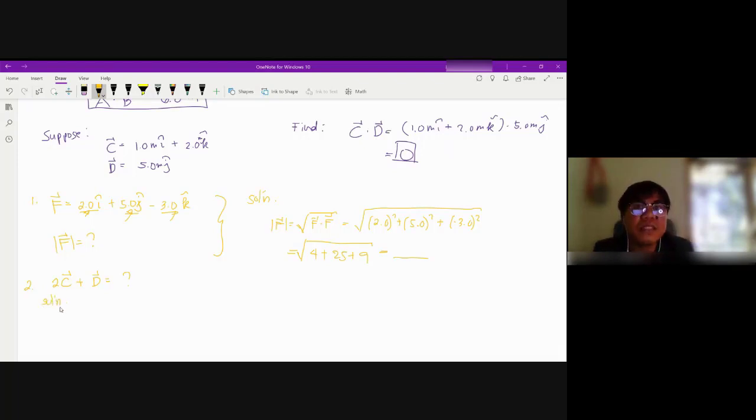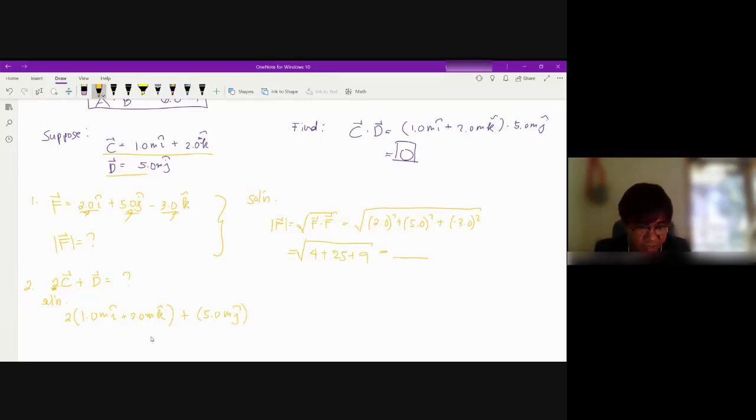You just have to copy. So 2 times C, you have 1 meter I hat plus 2 meters K hat, and then plus D, which is actually 5 meters J hat.